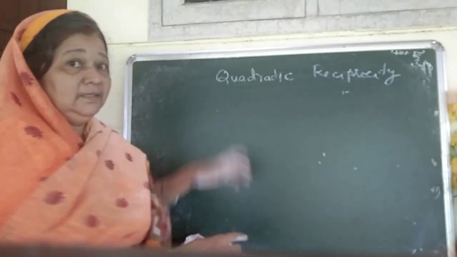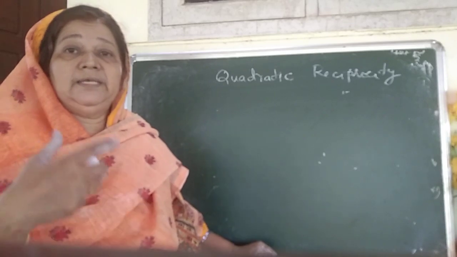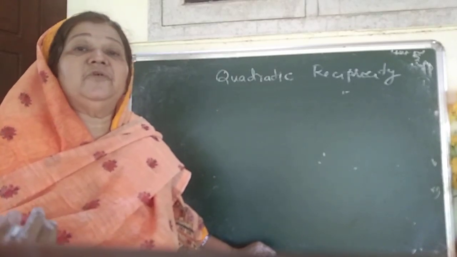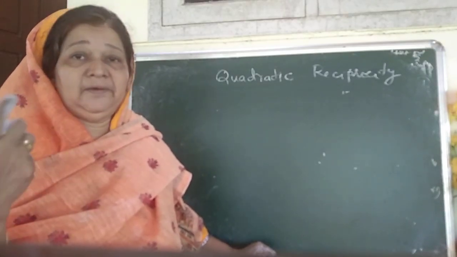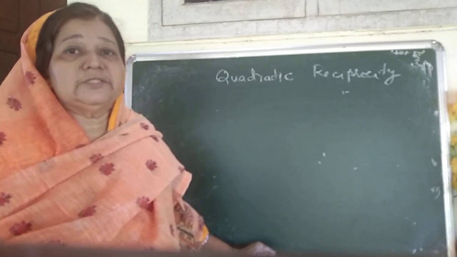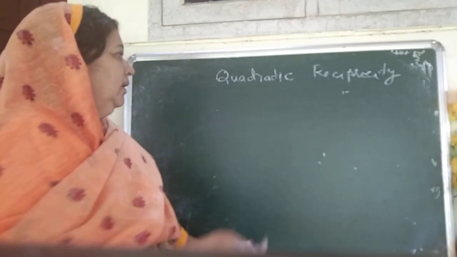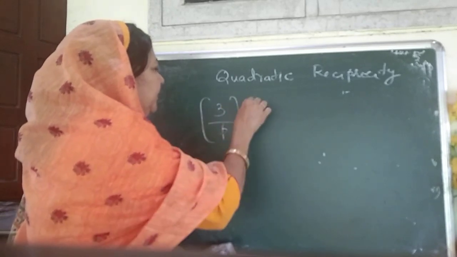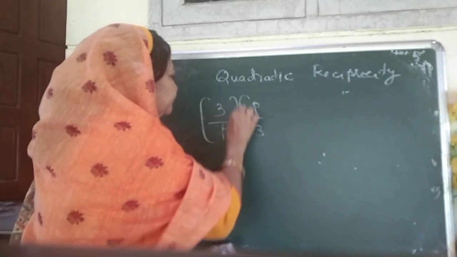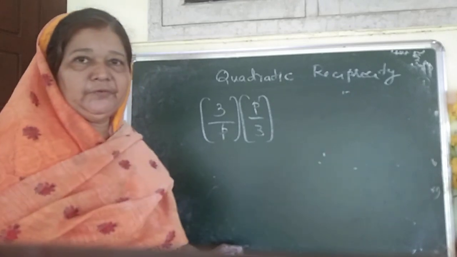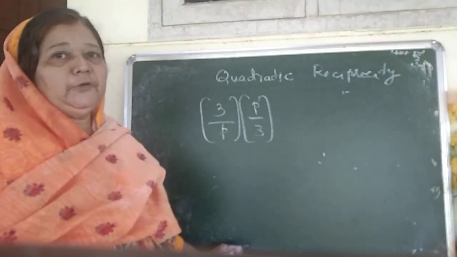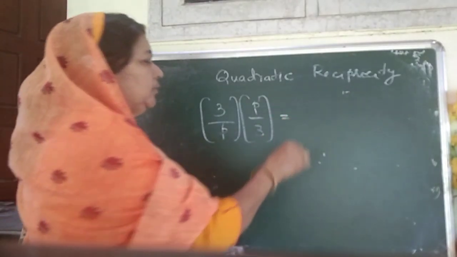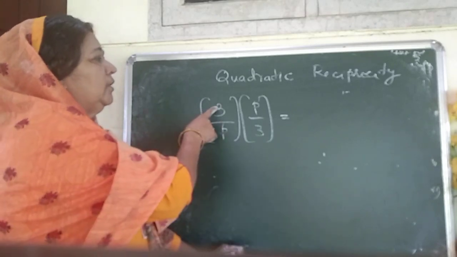That is, for which numbers 3 is a quadratic residue modulo p, and for which numbers it is a non-residue modulo p. For 3, that is (3/p)(p/3). We know (p/q)(q/p), here we assume q equals 3.